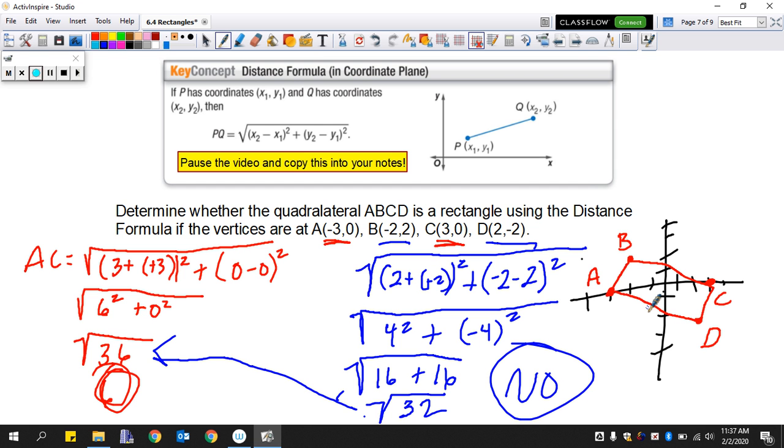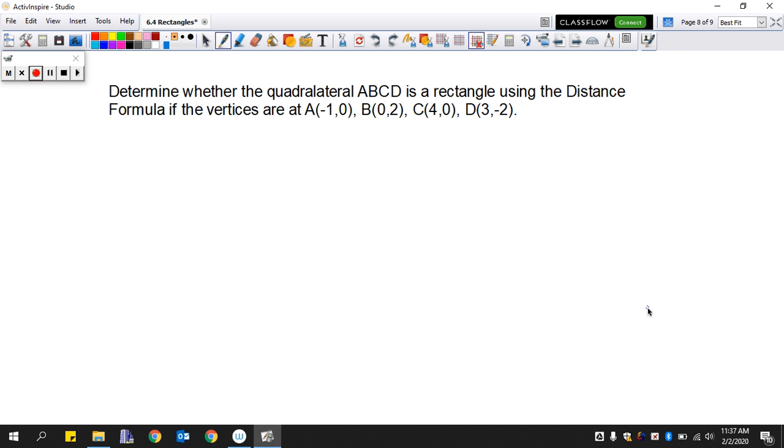All right. So next one, determine whether the quadrilateral is a rectangle using the distance formula if the vertices are at -1, 0, and once again I'm going to quickly sketch it out.